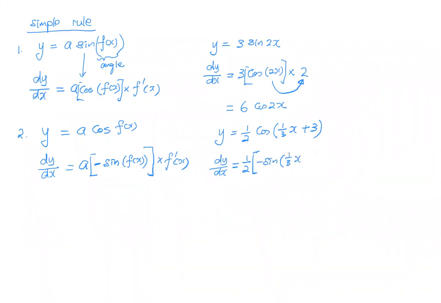And then times 1/3, the derivative of this one, that is 1/3. Am I right? Yeah. So the whole thing will be negative 1/6 sin (1/3 x plus 3). Are you okay? So now you know what to do?